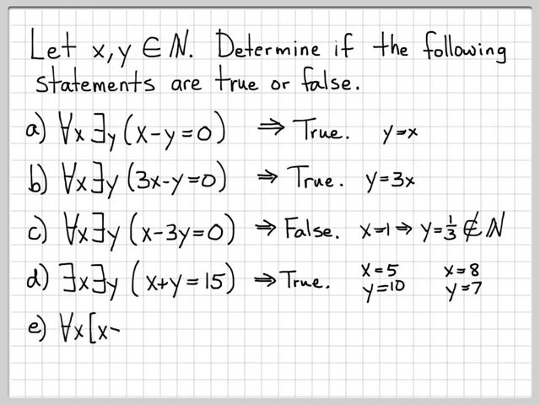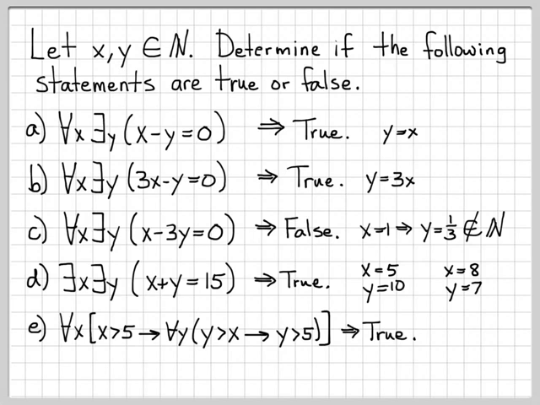What about part E? For all x, x greater than 5 implies that for all y such that y is greater than x, that y is greater than 5. So this is a much more complicated expression. You've got to kind of break it down into its parts.